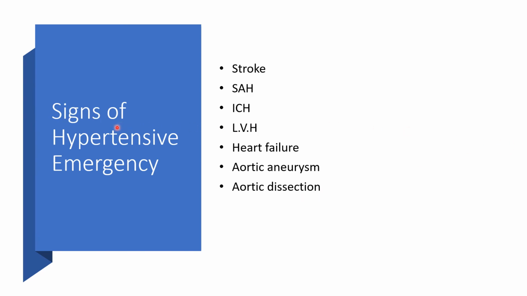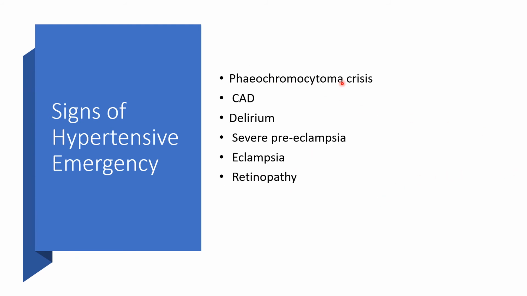Then the signs of hypertensive emergencies, you'll be able to pick stroke, subarachnoid hemorrhage, increased intracranial pressure, left ventricular hypertrophy, heart failure, aortic aneurysm, aortic dissection, pheochromocytoma crisis with palpitation, sudden headache, sweating profusely, high blood pressure, and so on, coronary artery disease, delirium, severe preeclampsia in pregnant women, even eclampsia with convulsion, and retinopathy with papilledema when you have the ophthalmoscopy done.